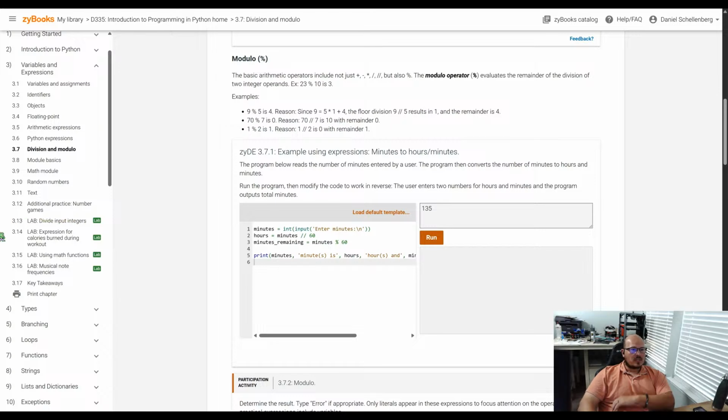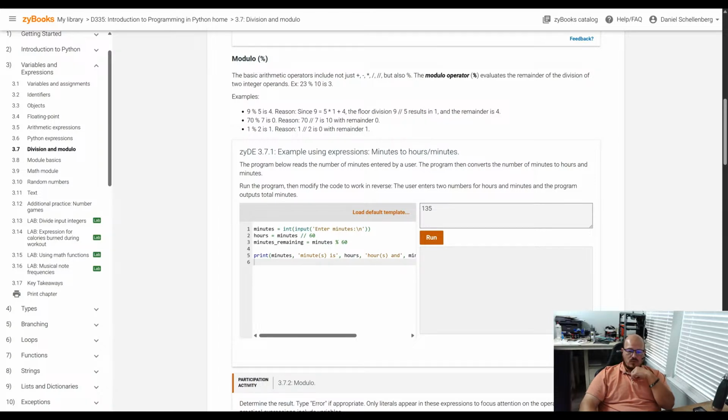And then what is this one? 70 divided by 7 is 10. So it would be 0 because the modulo will keep everything to the right. The reason is 70 floor division 7 is 10 with a remainder of 0, and since there's no remainder, 0 is the answer. Same thing here. 1 modulo 2 is 1, because 1 floor division 2 is 0 with a remainder of 1.